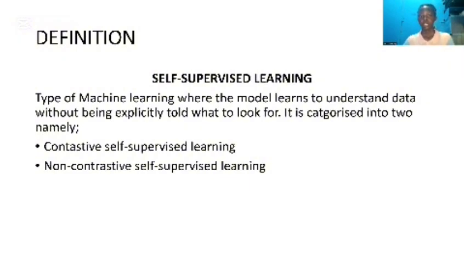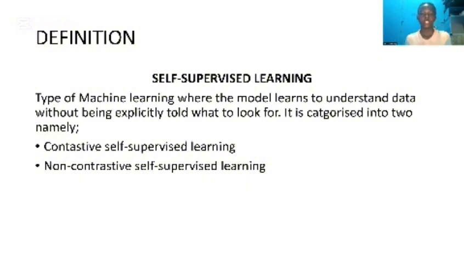Now, self-supervised learning, on the other hand, compared to the other two definitions that I gave you, is a type of machine learning where the model learns to understand data without being explicitly told what to look for. Here, it uses unlabeled data, but it is able to label the data for itself.